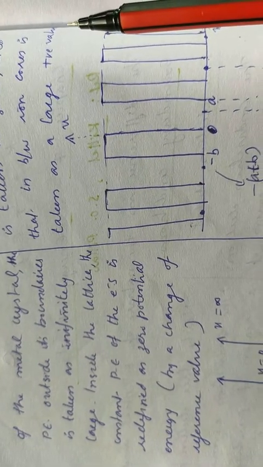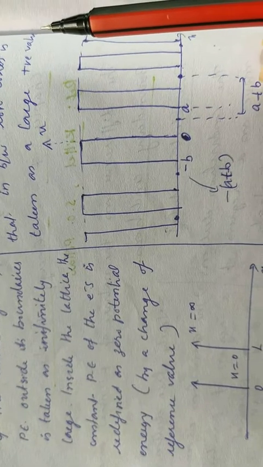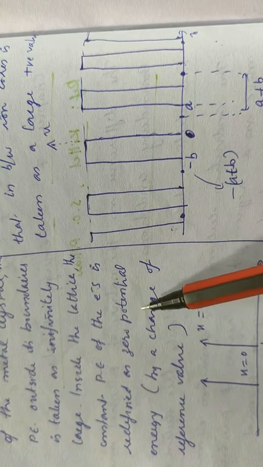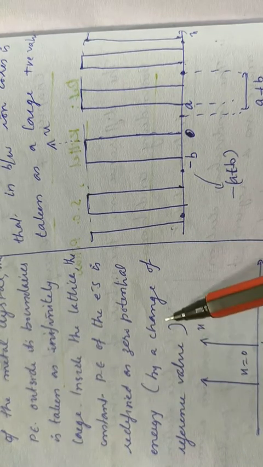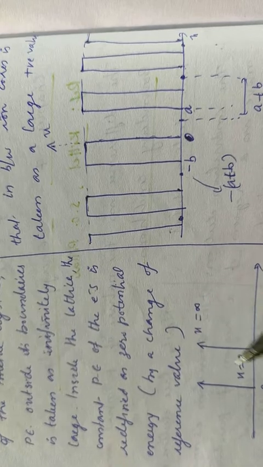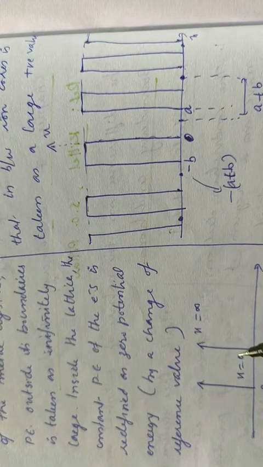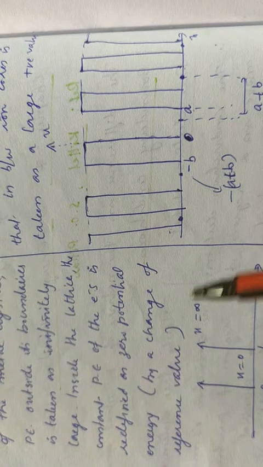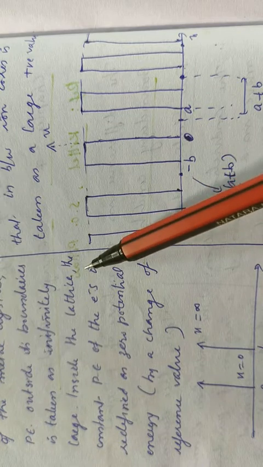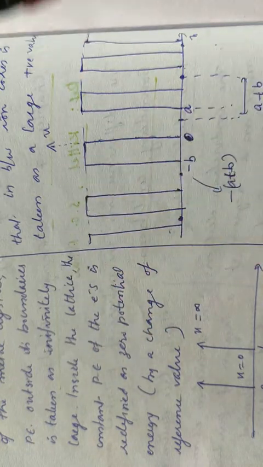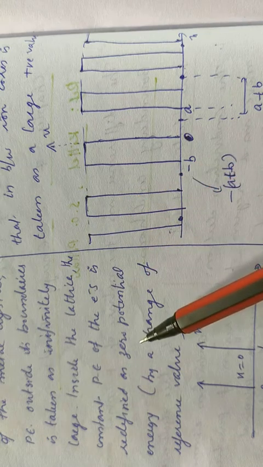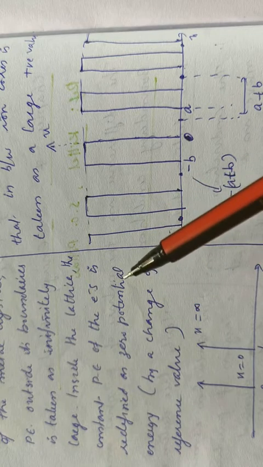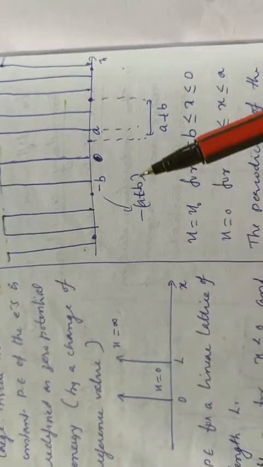Inside the lattice, the constant potential of the electron is redefined as zero potential energy by a change of reference value. So in the free electron model, it is treated as a bounded crystal system with finite boundaries. The potential outside the boundary is taken as infinitely large, and inside the lattice the potential energy of the electron is redefined as zero. This is shown in the figure.